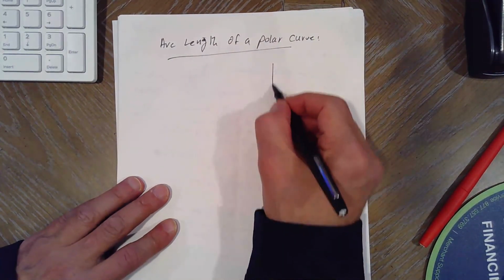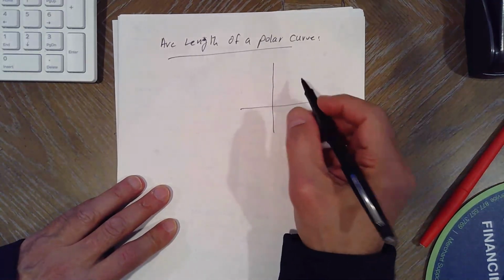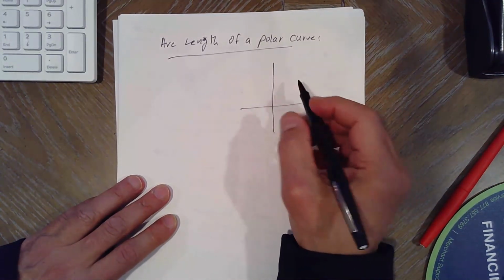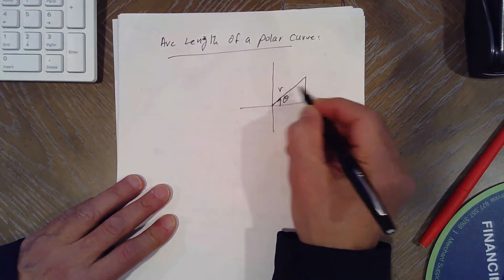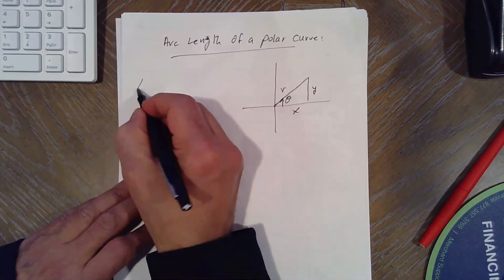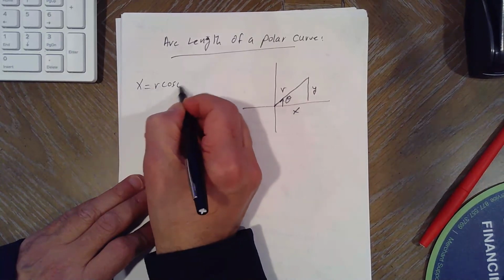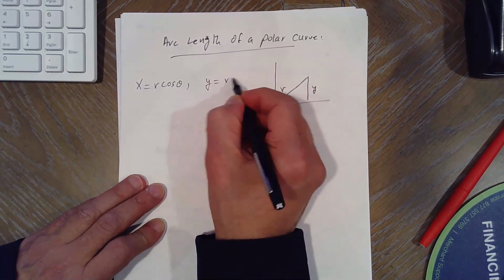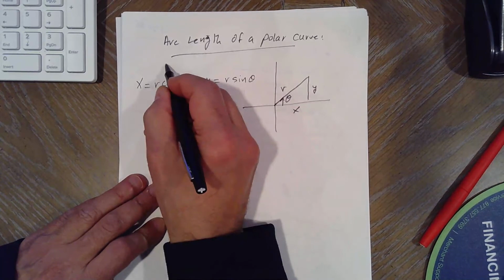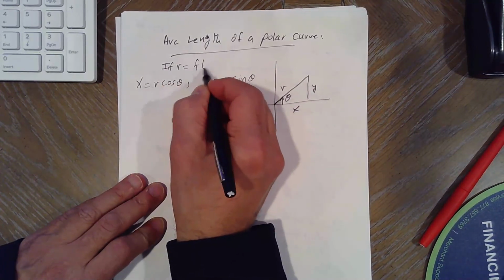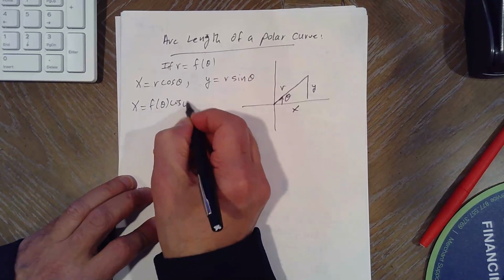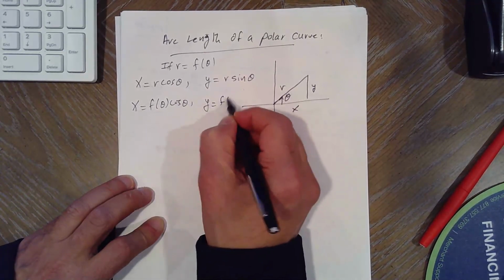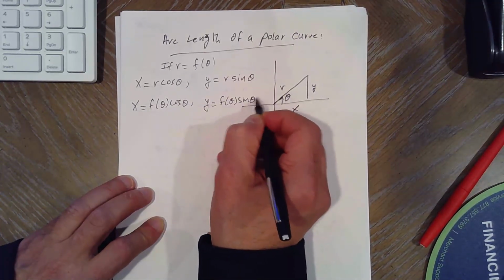So remember, going from polar to rectangular, theta, r, y, x, we know that x equals r cosine theta and y equals r sine theta. If r is f of theta, then x equals f of theta cosine theta, y equals f of theta sine theta.